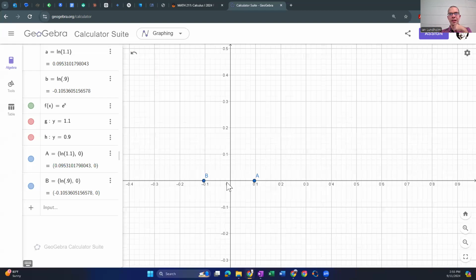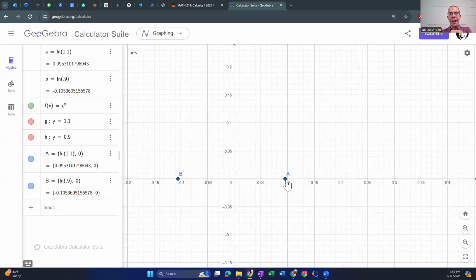And if we zoom in here, we can see that point A is slightly closer. So this one with the natural log of 1.1 is slightly closer to 0, so that if we choose a delta, we want to choose the skinnier of the two options that we have.